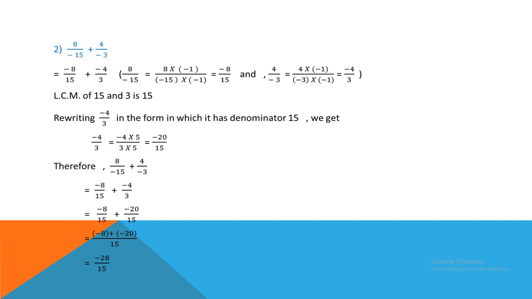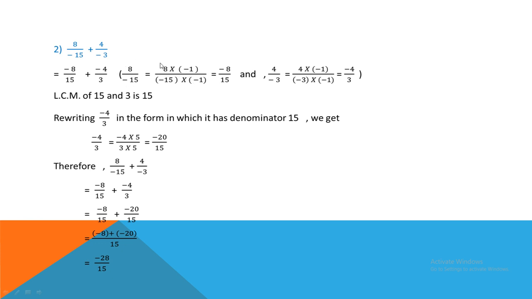Another example, suppose we have negative rational numbers. We have to add negative numbers: 8 upon minus 15 and 3 upon minus 4, that is, minus 4 upon 3. As the denominator is negative, our first step will be to make it positive. We take this negative sign to the numerator, by multiplying numerator and denominator with minus 1.